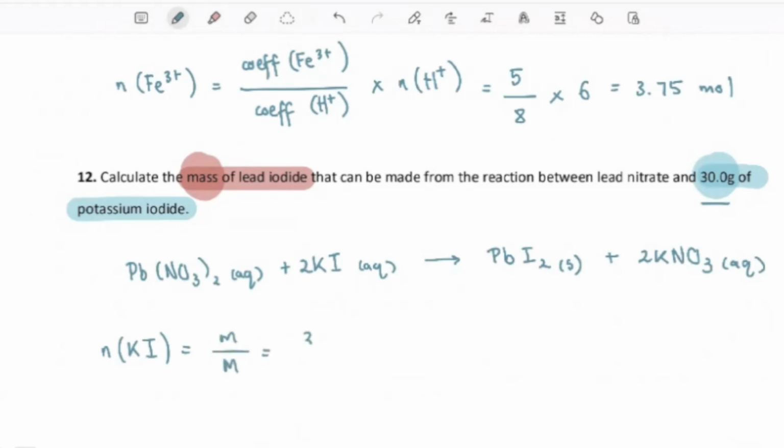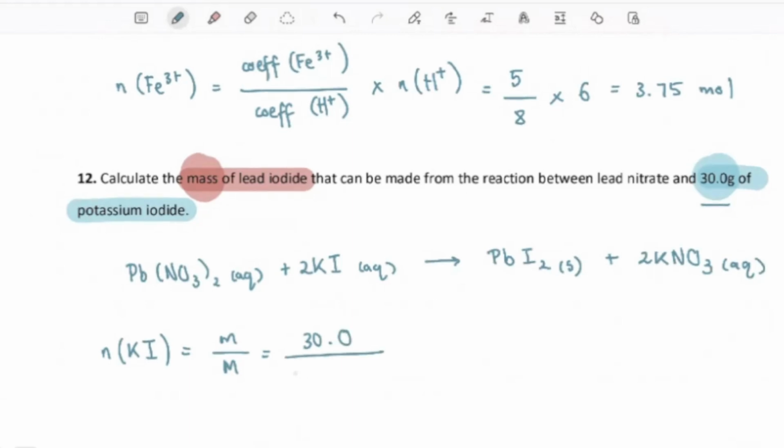So 30.0 divided by, what's K? 39.1 plus iodine is 126.9. And you should get about 0.1807 moles.